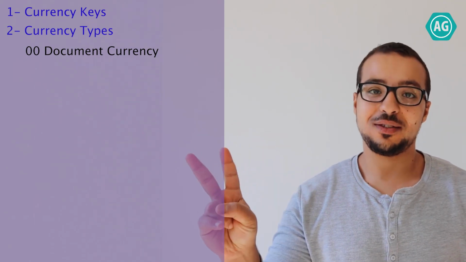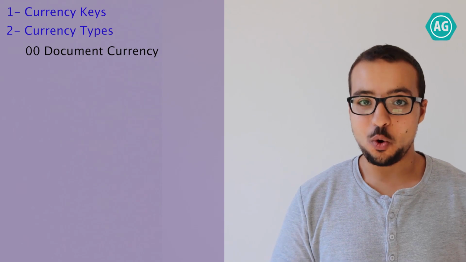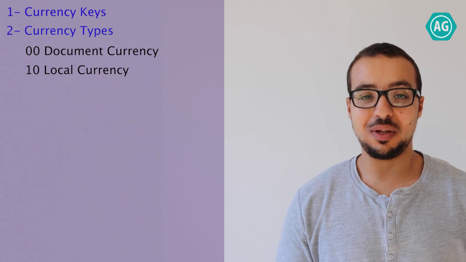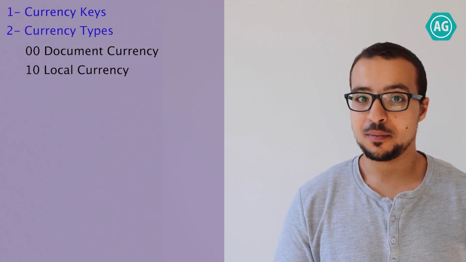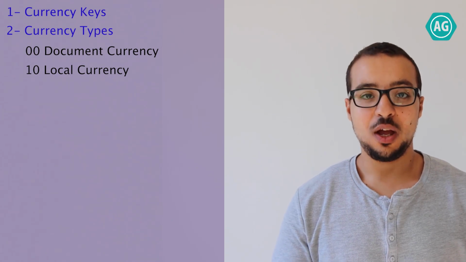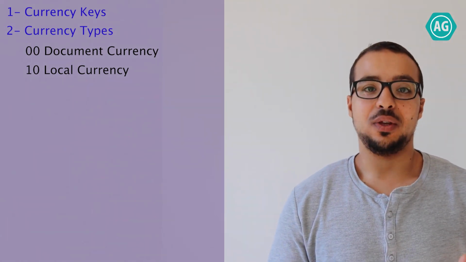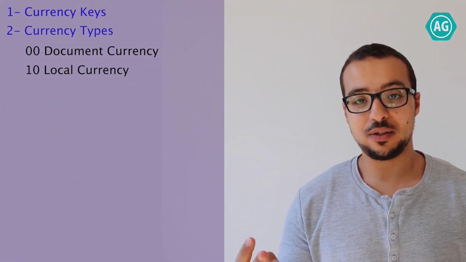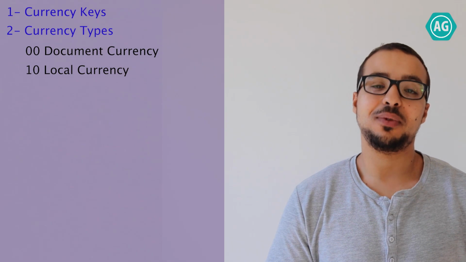The second one is also mandatory, which is the local or company code currency. This is the currency we use to report our legal financial statements and tax reports to the authorities. And usually this is the same as the currency of the country we are located in. So this is the second one, the company code or local currency, and this is currency type 10.